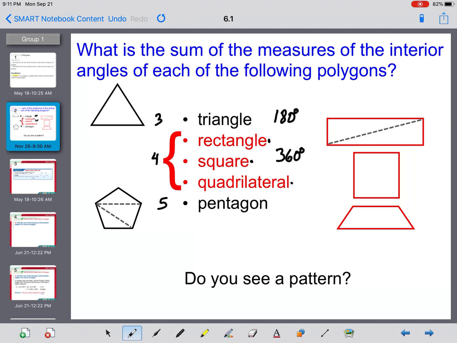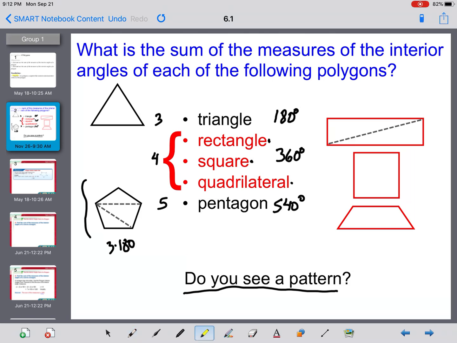So that's 360 degrees. And then a pentagon, I've drawn this pentagon over here. How many triangles do you see? Three of them. If they're 180 each, then 3 times 180 is 540 degrees. So ask this question, do you see a pattern?